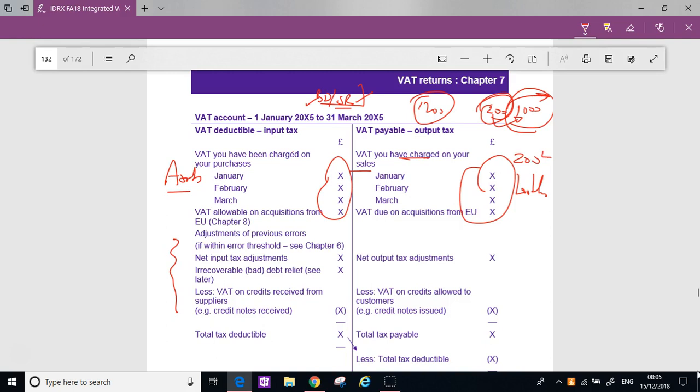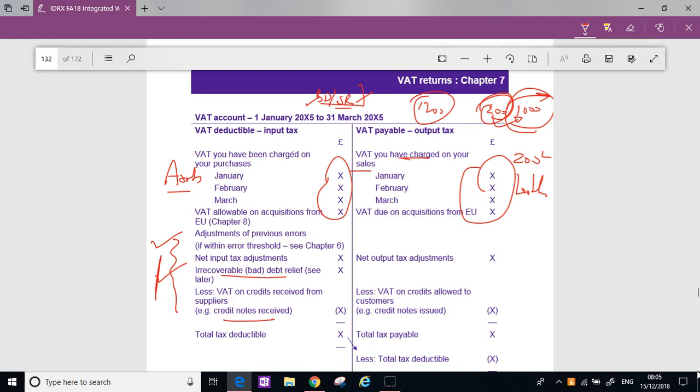So this is a liability. So naturally, all VAT on bad debts, sales returns, must fall on the debit side of the VAT account. You can see here irrecoverable bad debt, credit notes, they will fall on this side to do with revenue.